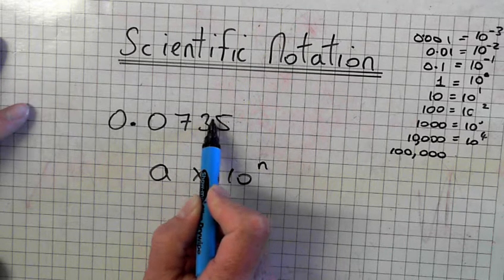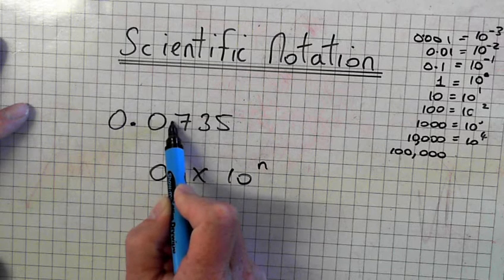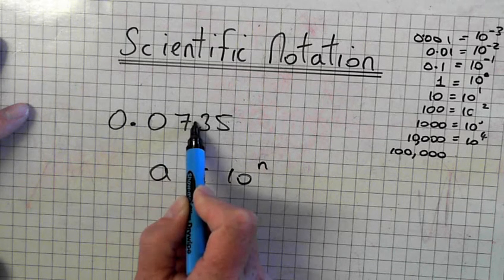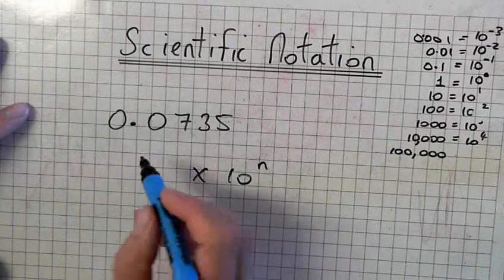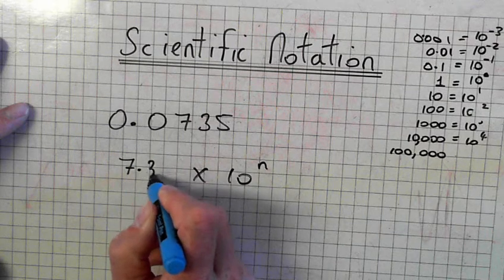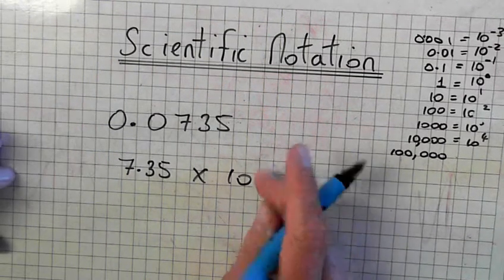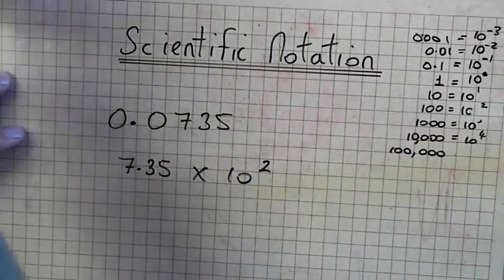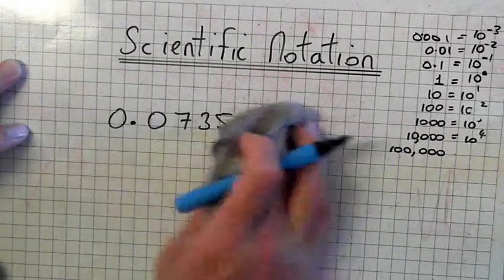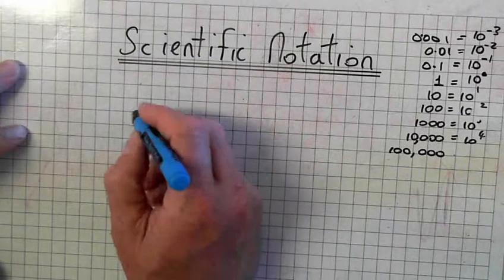That's not between 1 and 10. 7.3. That's between 1 and 10. I stop here. So it's 7.35. Well, how come it's not 73.5? I jumped 2 spaces. Right, you just weren't paying attention. Yeah, I get it.